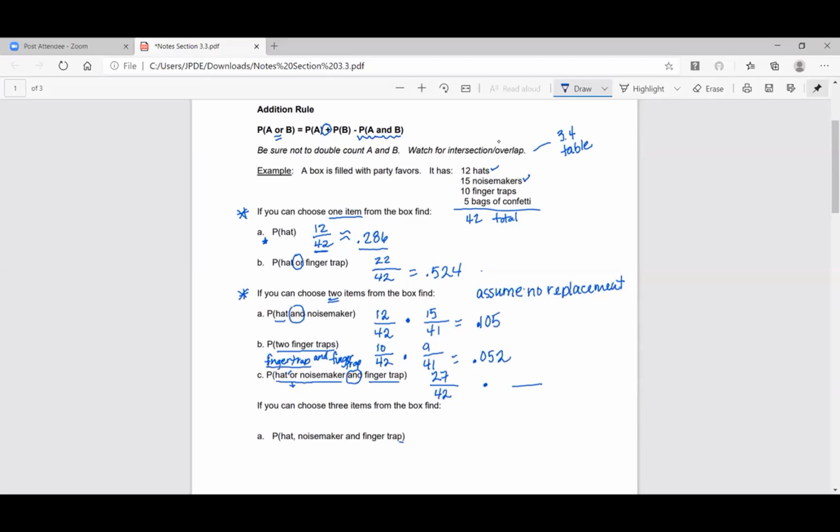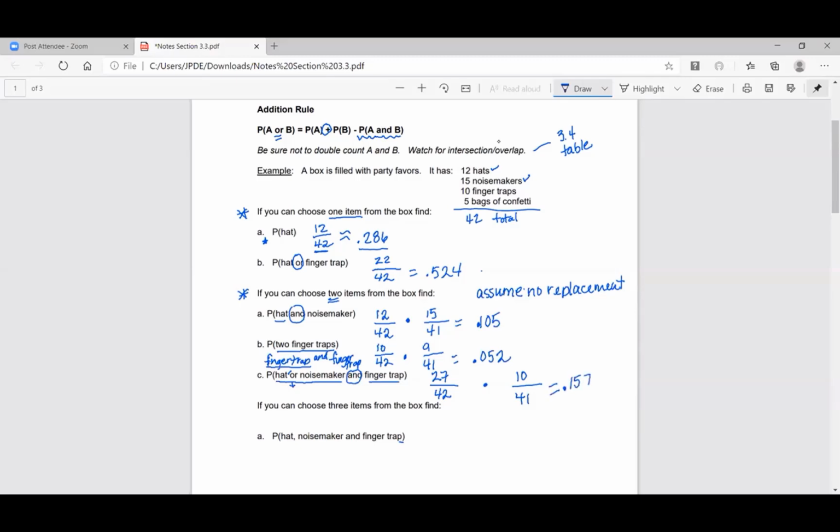So as far as looking at this, we pulled one thing out. We don't know if it was a hat or a noisemaker, but we know that our total changed to 41. There would be 10 finger traps left out of those 41. So 27 out of 42 times 10 out of 41, 0.157.